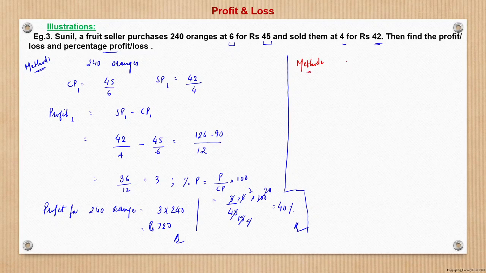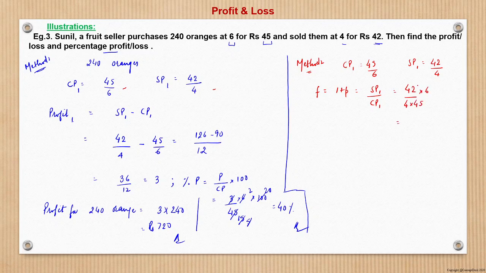Now see, here we knew that CP1 we have calculated as 45 by 6, and SP1, that is SP of one item, is 42 upon 4. So essentially we know the multiplying factor approach, F is equal to 1 plus profit, that is equal to SP1 upon CP1, which is 42 by 4 upon 45 by 6.